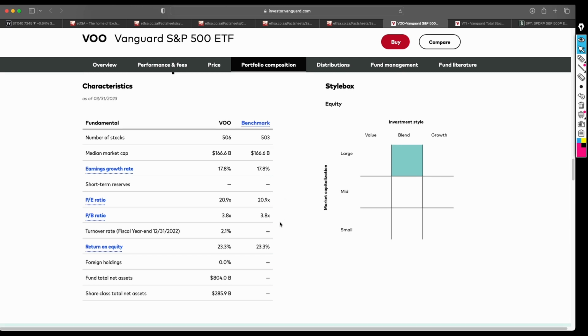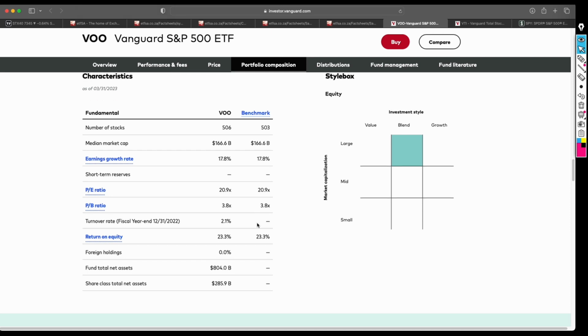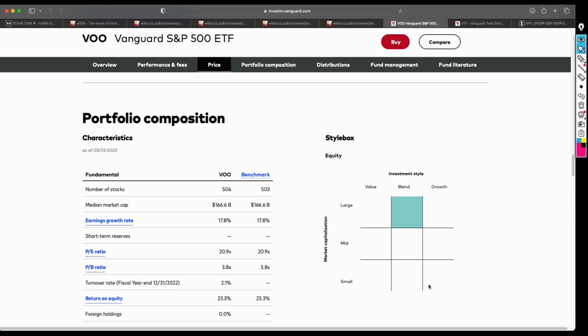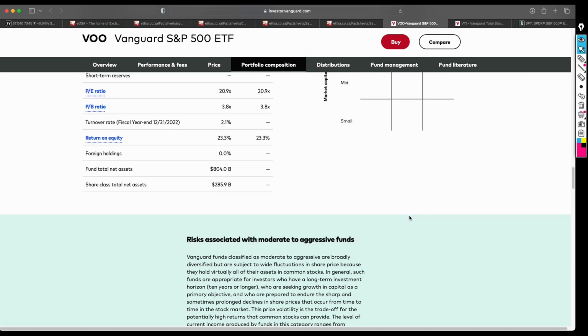For the people that love a PE ratio, it has a PE ratio of about 21 and about 23% return on equity. If you look at the style box, you can see it's a blend between value and growth, and because those stocks are ranked by market capitalization, it's based on large market capitalization companies.